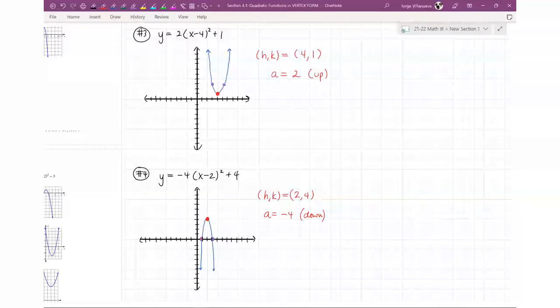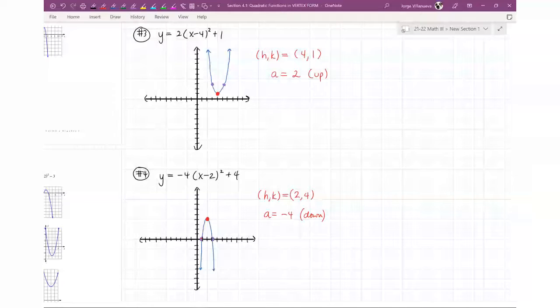Okay? So my HK is a minimum because it's at the lowest point of the graph. So what do you think I'd call this one? The HK for this one? A maximum, right? That would be a high point on the graph. My vertex would be a maximum.